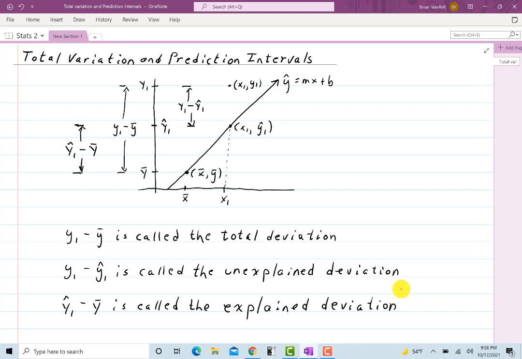The unexplained, of course, they cannot give an explanation for why that happens. Now, we'll not be in the process of determining why something is unexplained or why it's explained. We're just going to specify which is explained and which is unexplained.